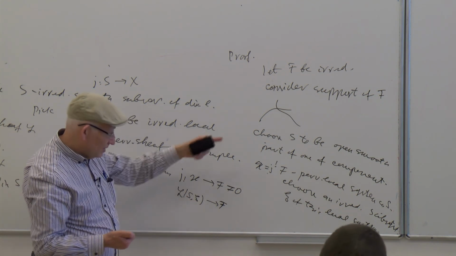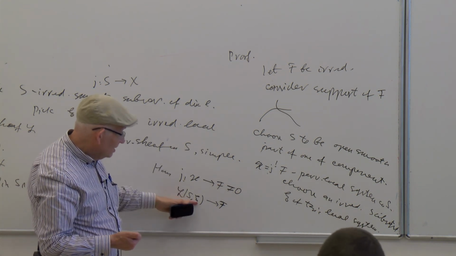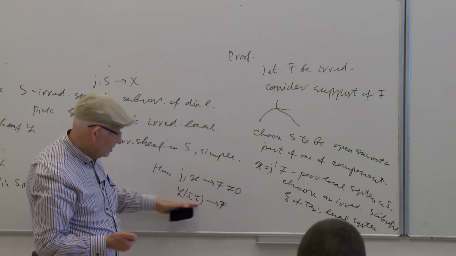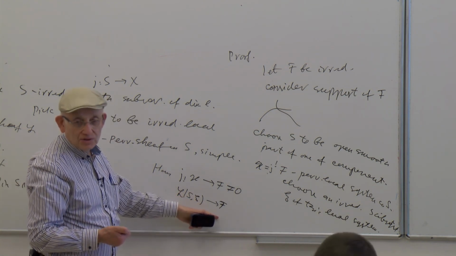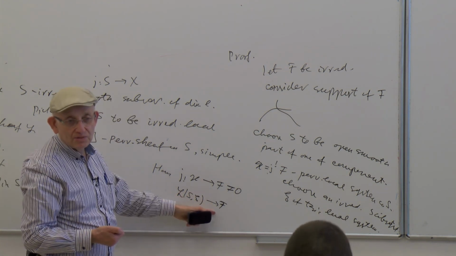And then, just by construction, you have some non-trivial morphism from L(S, E) into F. Since F is irreducible, this means that it's an isomorphism.